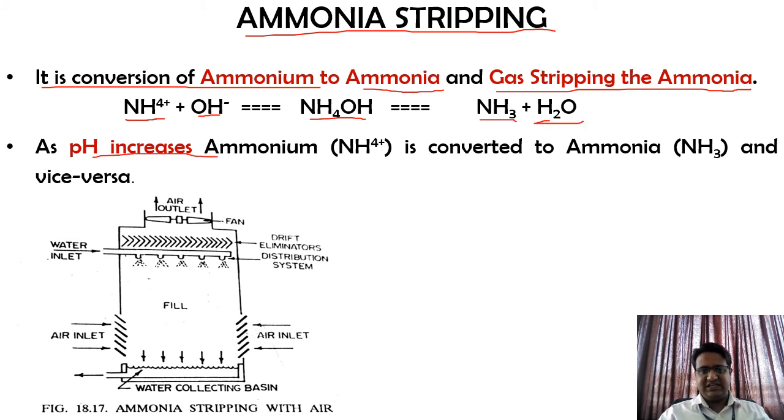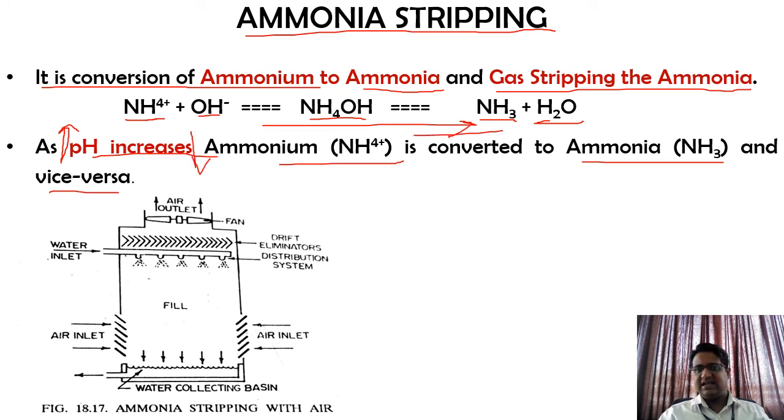As the pH increases, the ammonium ions are converted into ammonia and vice versa. If the pH is more, the reaction goes in this direction. If the pH is less, then it will go in the reverse direction, which is indicated.